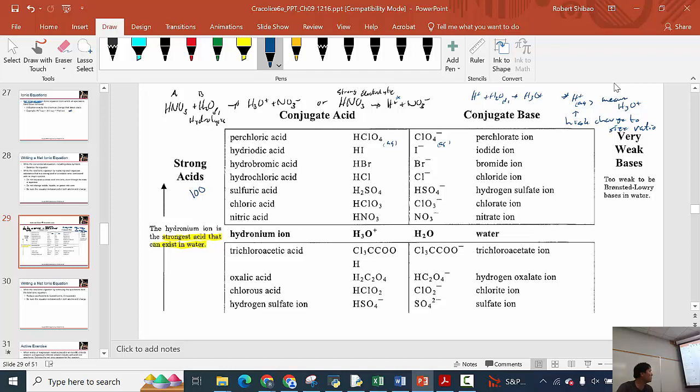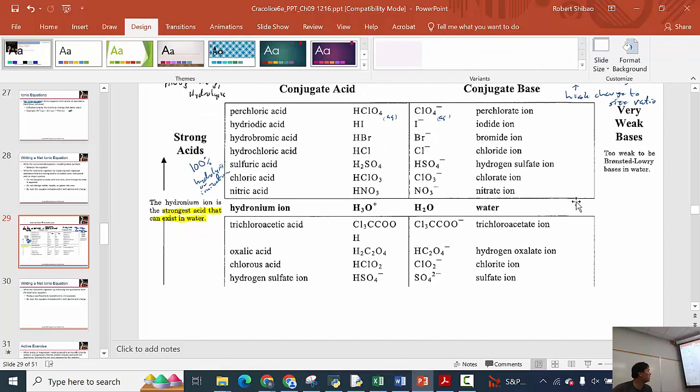It takes place to different extents. The strong acids, we expect 100% hydrolysis or ionization. And then for the weak acids, we expect less than 100%. And the weaker it is, the smaller the hydrolysis in water.